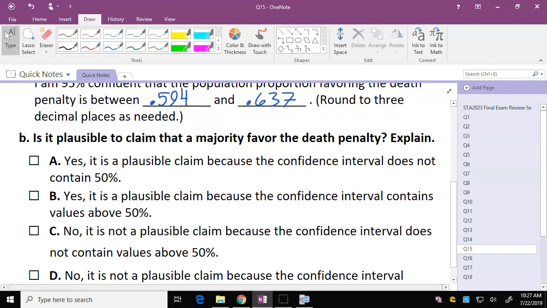If I change this 0.594 to a percent, that's 59.4%, and that's definitely above 50%, which is considered a majority. There you go. Any questions on 15? Number 16 is 9.1.